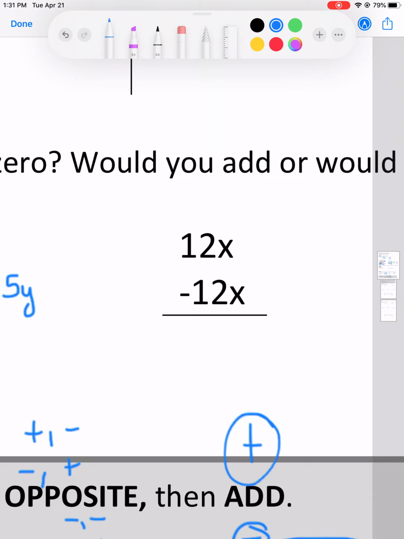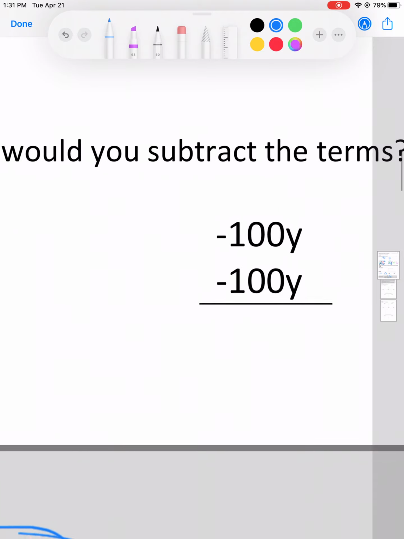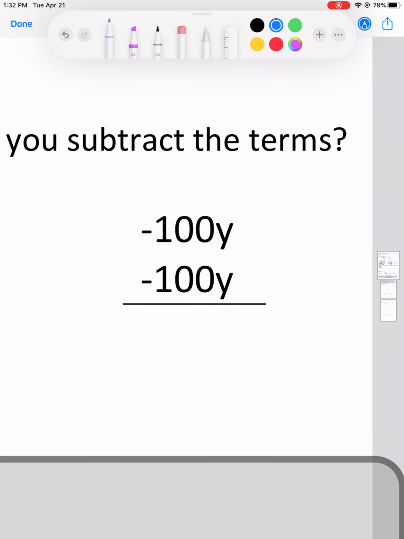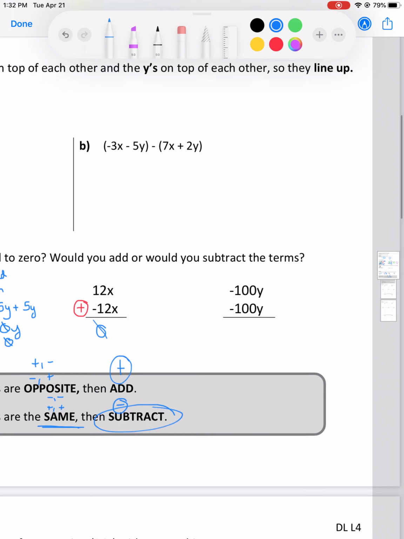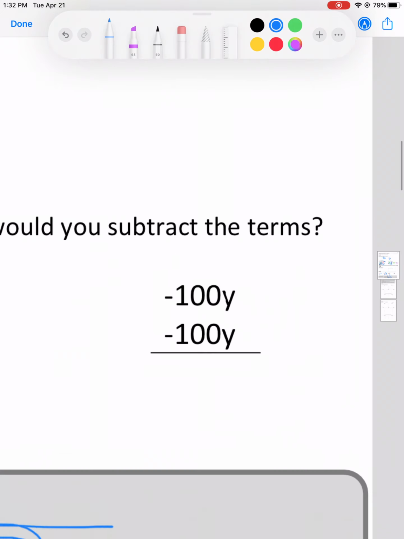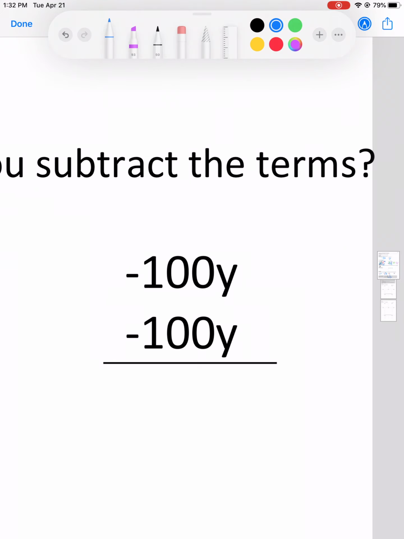Okay, 12x minus 12x. Okay, the signs are opposite, so we add them. And that will give me 0. Negative 100y and negative 100y, the signs are the same, so we subtract. How does that work?